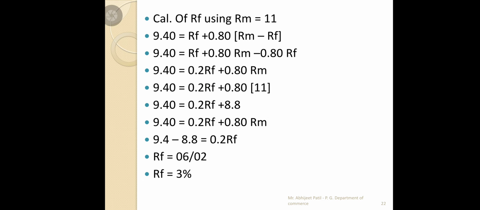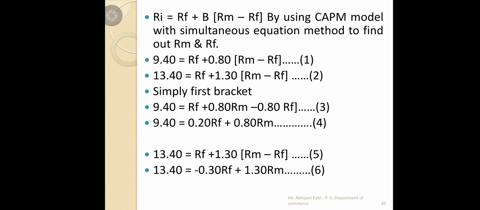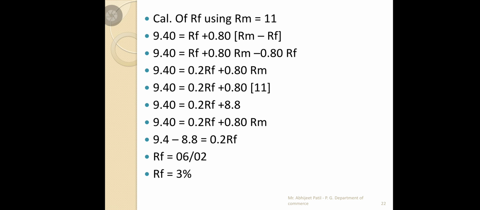Now with this RM, we calculate RF using RM equal to 11. Put it in the first equation, or the second equation, any equation you can use, and we will get the value. Using RM, 9.40 is equal to RF plus 0.80 RM minus RF. Simplify the bracket first, 0.80 into RM, 0.80 into RF.